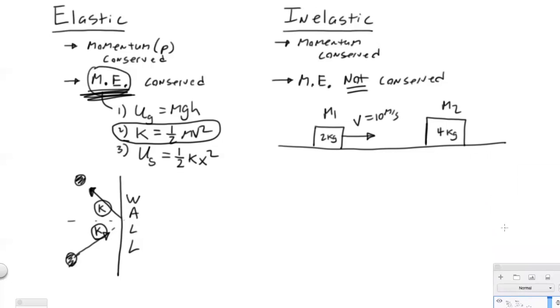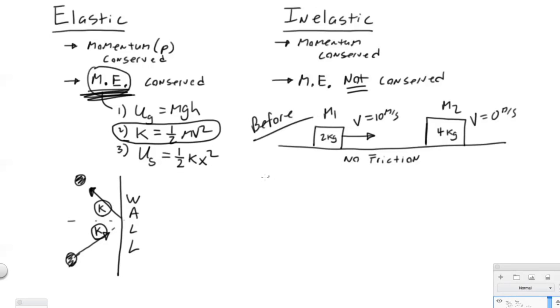And we'll say that M2 is sitting here at rest. It's not moving. And of course, we'll say no friction, because in order for momentum to be conserved in a collision, there can be no outside forces such as friction, because that would make conservation of momentum not valid. So here we have a situation before the collision.